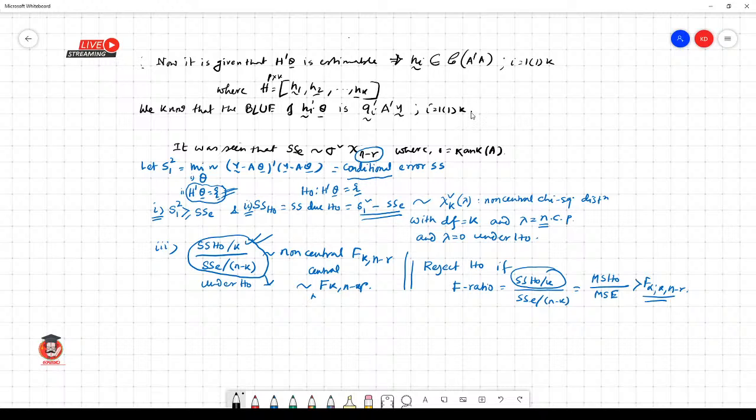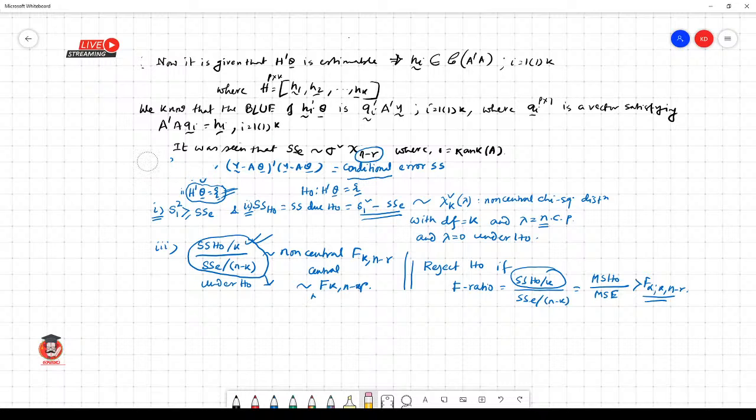And we know this q_i curl, the order of q_i curl is p cross 1, is a vector satisfying A prime A q_i curl equals h_i curl. We know this result, okay?